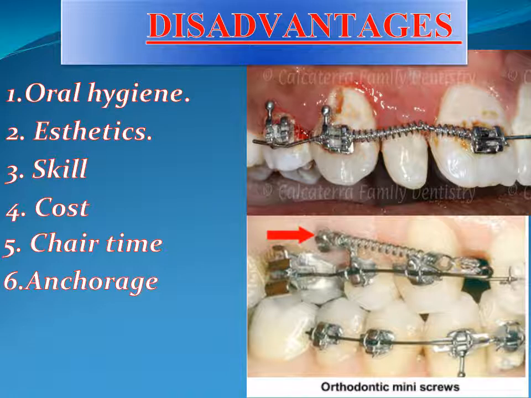In case of removable orthodontic appliance, the teeth and the palatal mucosa or the lingual flange in case of the lower arch, these are the common sources of anchorage. يعني بالremovable orthodontic appliance الانكورج have two sources من التيث ومن palatal mucosa in case of the upper arch, while in the lower arch in addition to the teeth the lingual flange or the lingual mucosa.